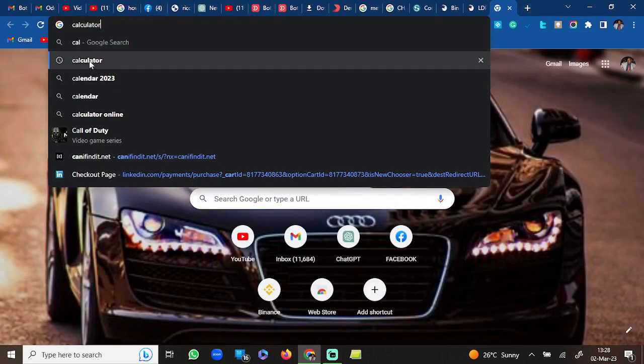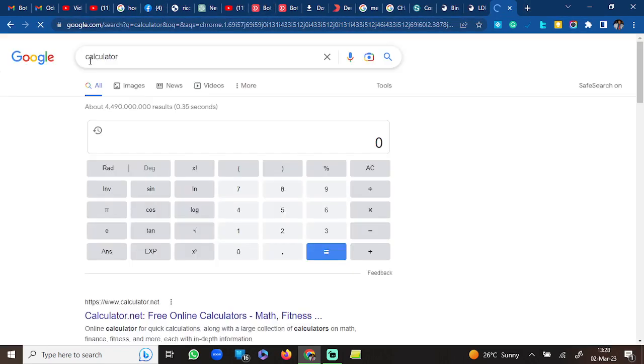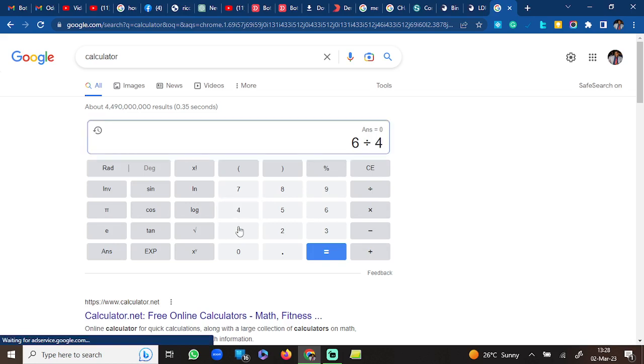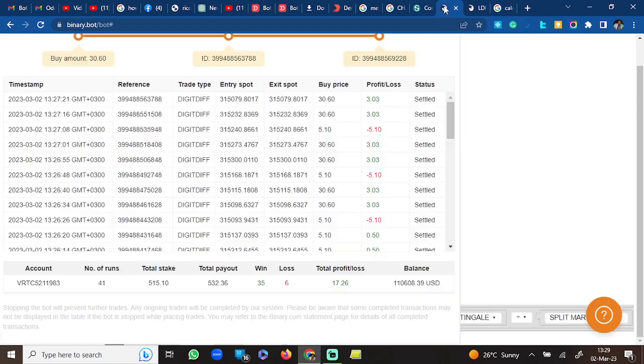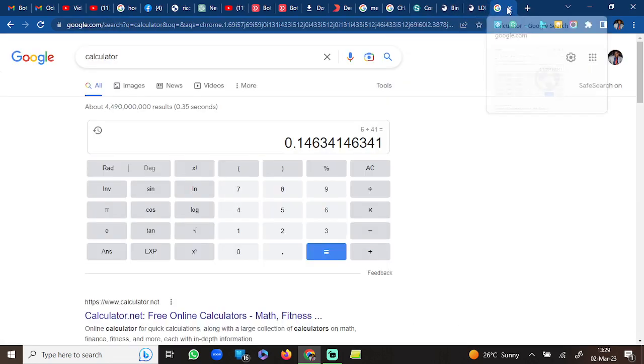So it's always good to know which strategy is paying. 6 divided by 41 is equal to what? So that is the loss. The win rate is the opposite of this. Win rate is 35 out of 41.